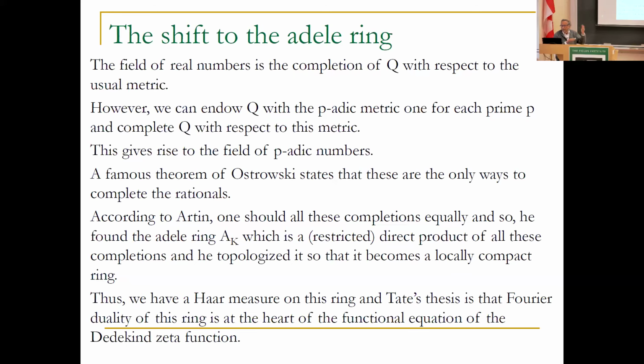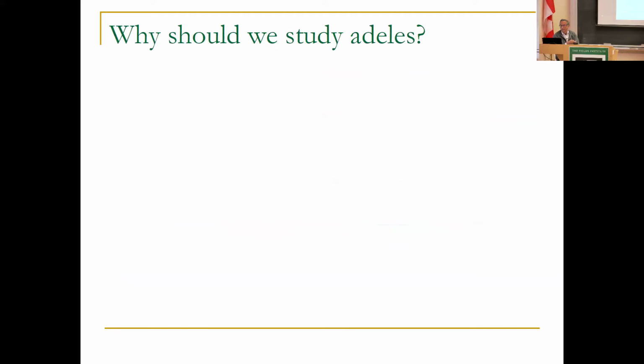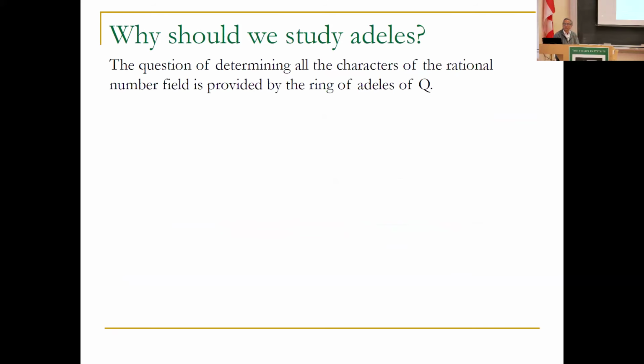So we have a Haar measure on this ring, and in Tate's thesis, the Fourier duality of this ring is at the heart of the functional equation of the Dedekind zeta function, and this formalism is now used centrally in the Langlands program. So this is one of the reasons why we should study Adeles.